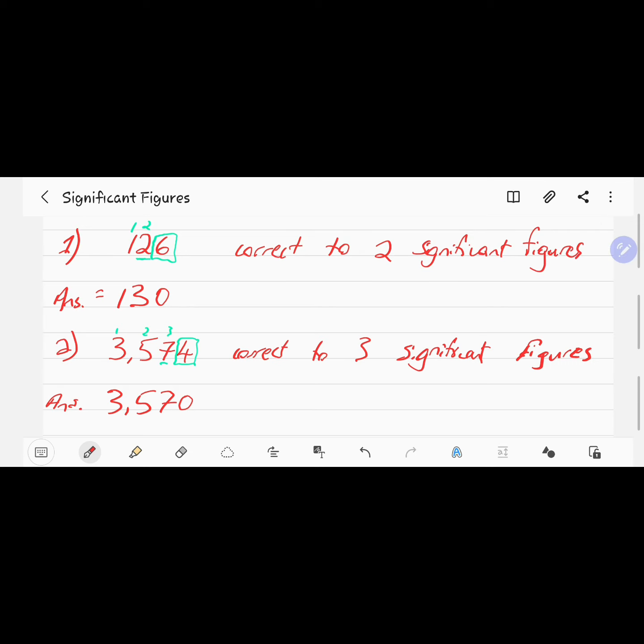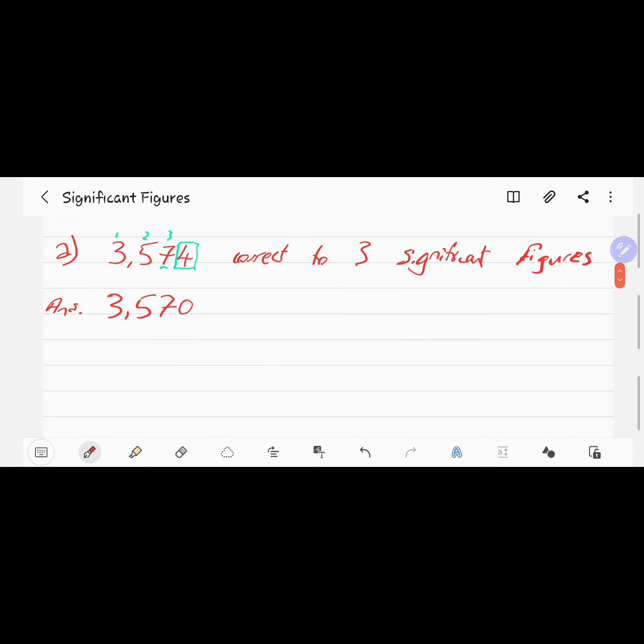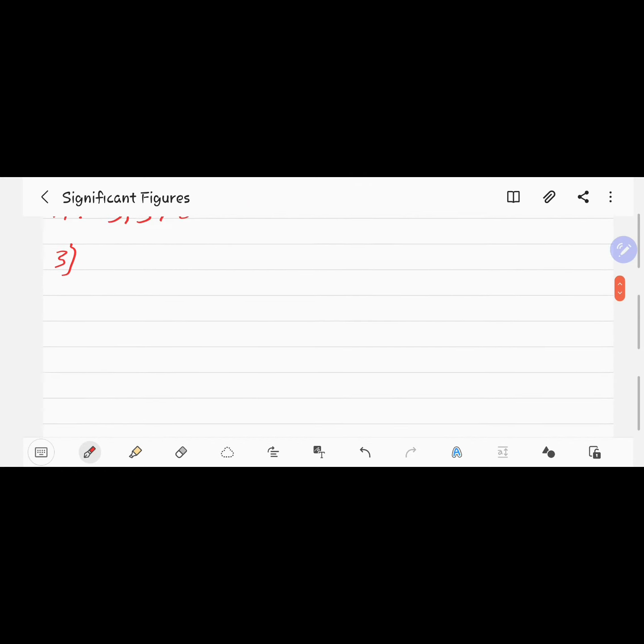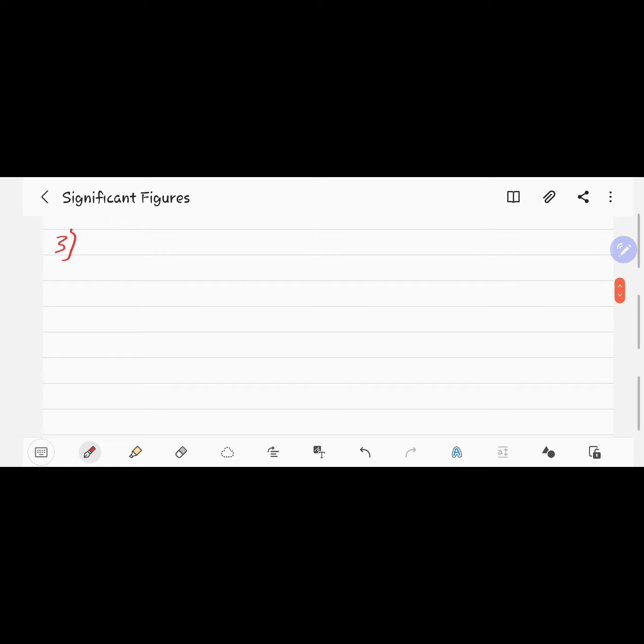All right, and now we're going to do a final example. Let's call this number 3. All right, so number 3 now, we now have the number 10,776 correct to two significant figures.